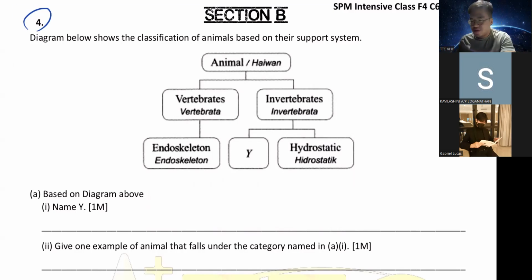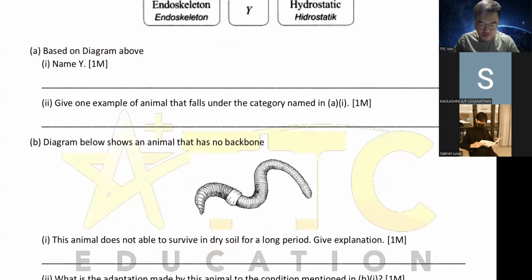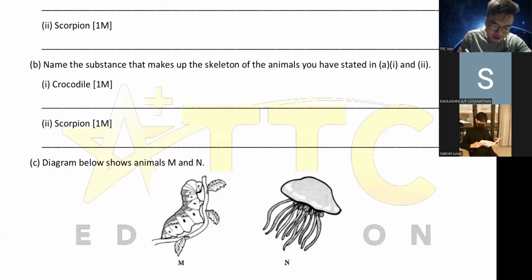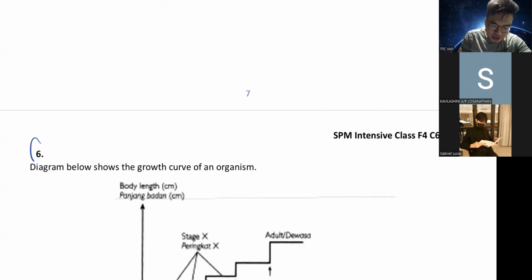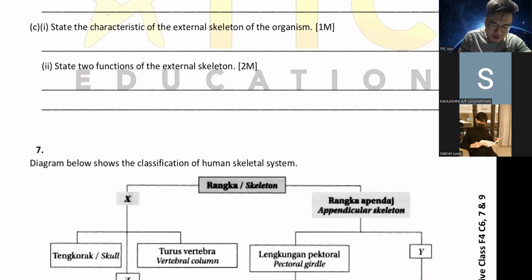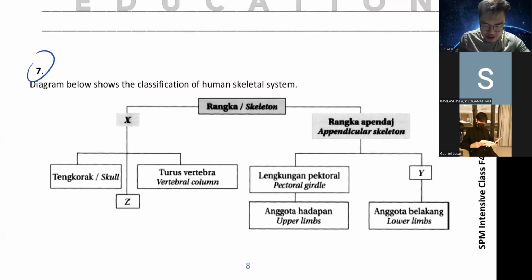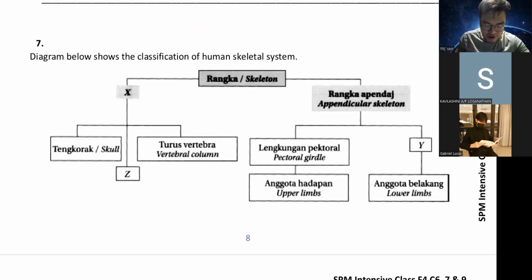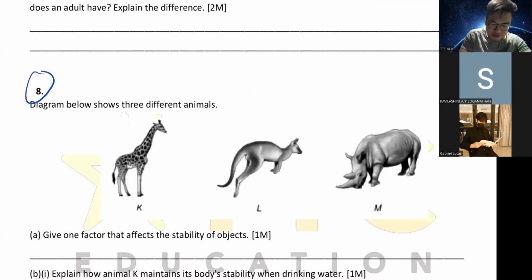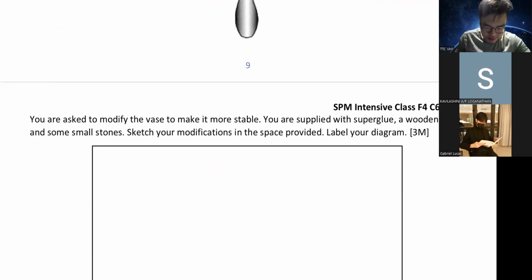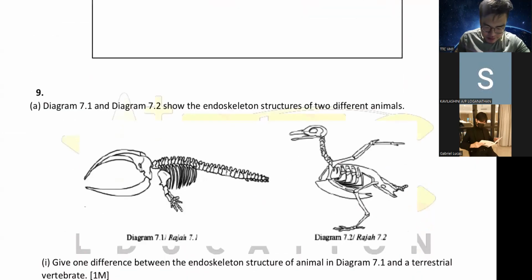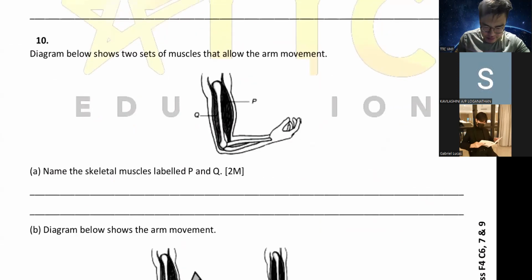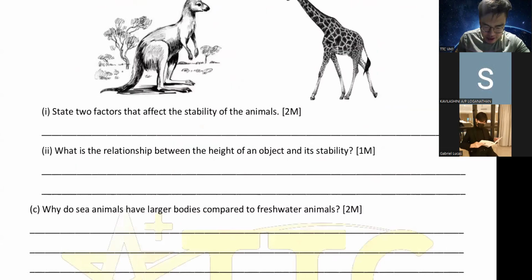Okay, here we go. Anyway, can you please do question 4, 5, 6, 7. You know what? We skip 7. 4, 5, 6, 8, and 9.